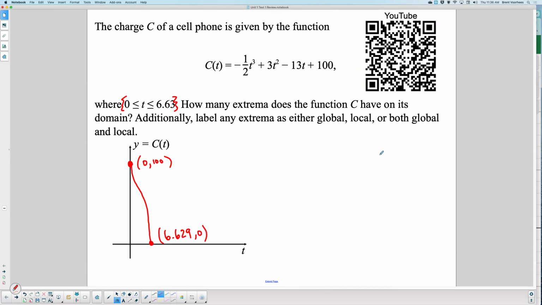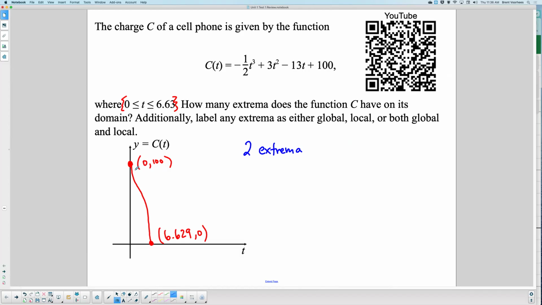It says, how many extrema does the function C have on its domain? How many extrema? 2 extrema. Extrema means maximums and minimums. Additionally, label any extrema as either global, local, or both global and local. What would you call that point right there? Maximum.